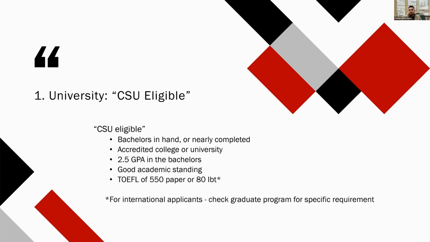So you have a 2.5, but you're not in good academic standing, then you wouldn't be able to apply to grad school. If you're completing an undergraduate degree at a foreign institution, then you would need to complete a language exam, which is what TOEFL is. So it's important to be aware of those requirements.